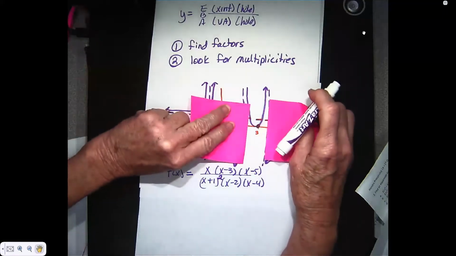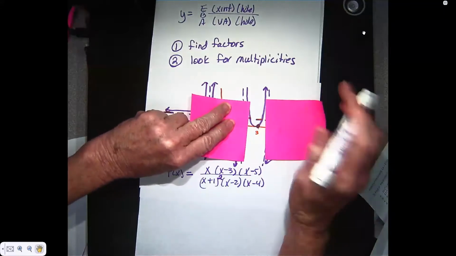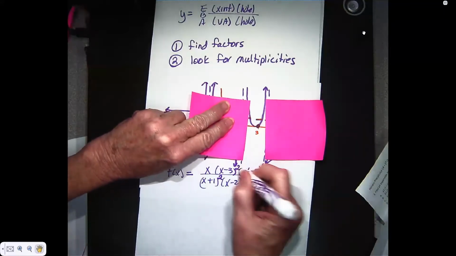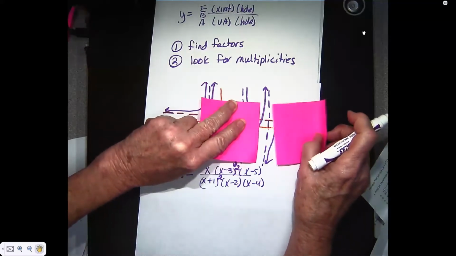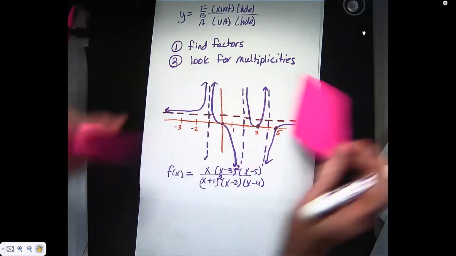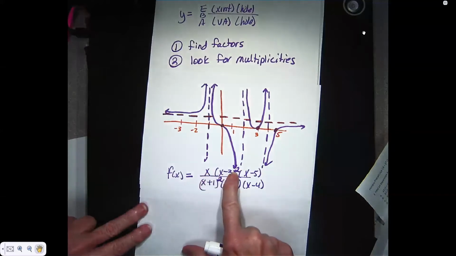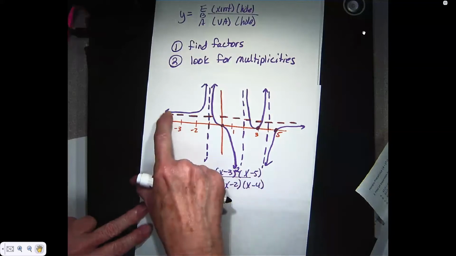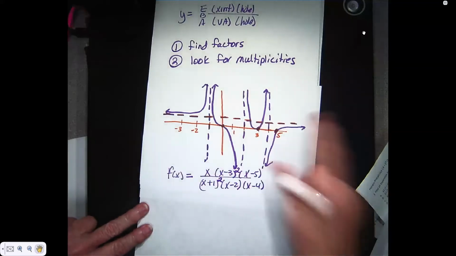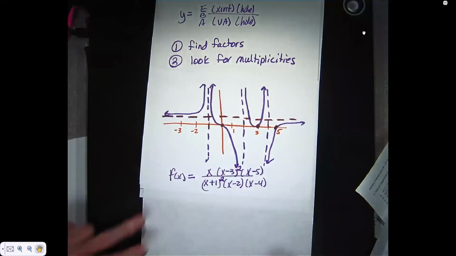When I look at the zero, it bounces, and we know from polynomials if it bounced, then that factor is a degree 2. This asymptote is up, down, so a degree 1, and 5 goes through, degree 1. So 1, 2, 3, 4 on top and 2, 3, 4 on the bottom. Both of them are degree 4, and that's an end behavior. They're the same. So that's all you've got to do in order to make an equation. So hopefully this was helpful, and you guys have a good day.